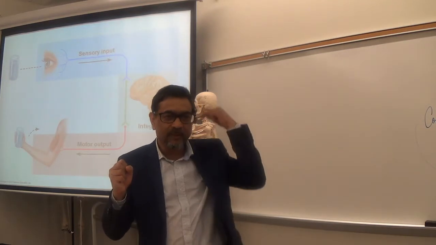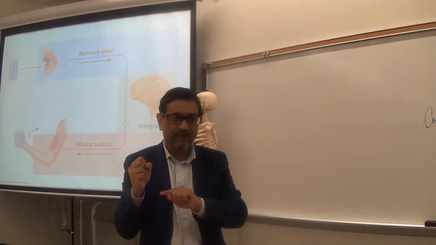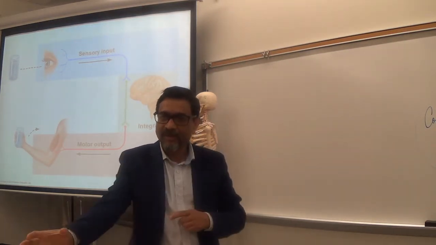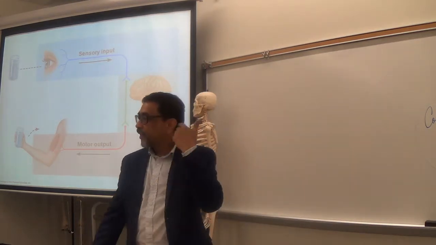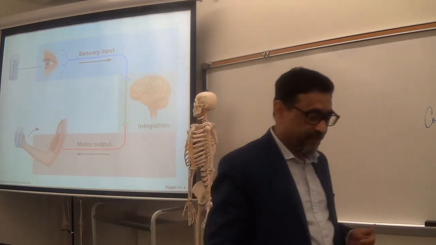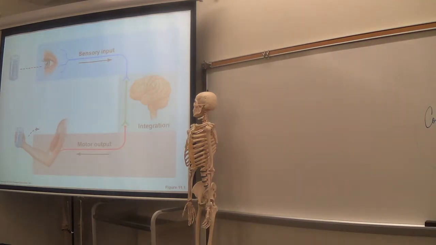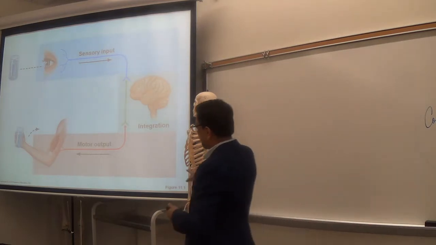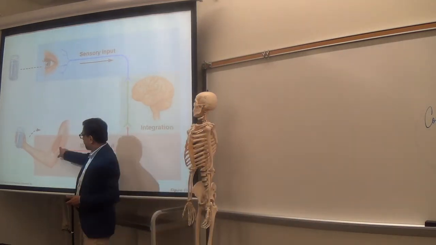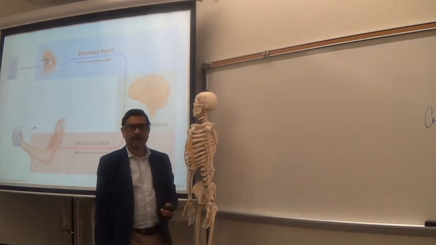So that is what? Motor output, going from the brain to the muscle. Okay? So you see that the integration function is very important that your brain does to send the motor command to the muscle. Okay?